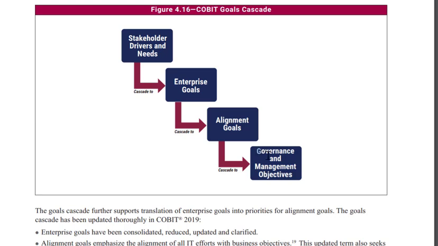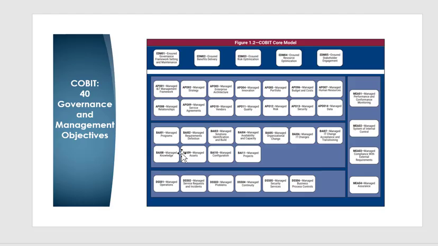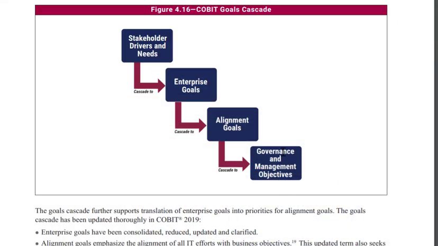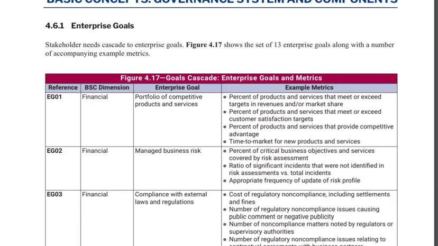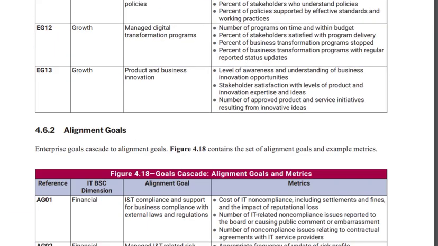And this is where those governance and management objectives, those 40 that we went through, outlined here, are going to become a factor, and why we have policies, processes, and controls to ensure that we're meeting all of these goals that are outlined. And again, the PDF for the introduction and methodology has some great examples in here of enterprise goals and alignment goals that you can utilize, again, as guides for your business case.